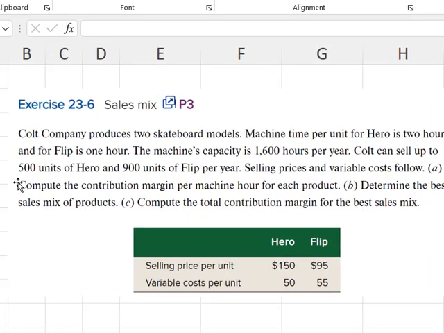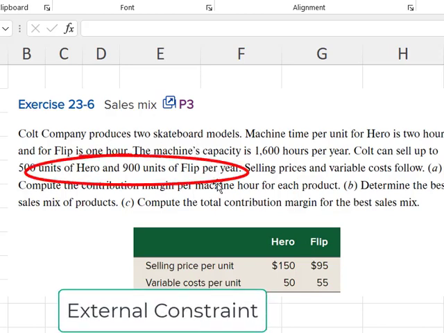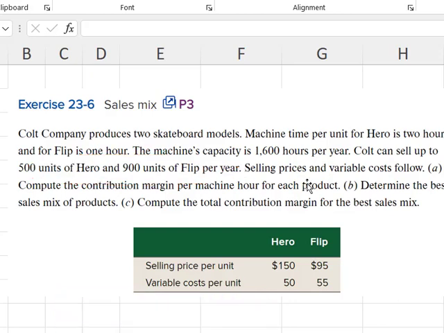Colt can sell up to 500 units of Hero and 900 units of Flip. Okay, there is an external constraint imposed upon us by our customers. So we'll have to keep that in mind. Selling prices and variable costs are shown. And for ease of understanding, I just copied the data here.